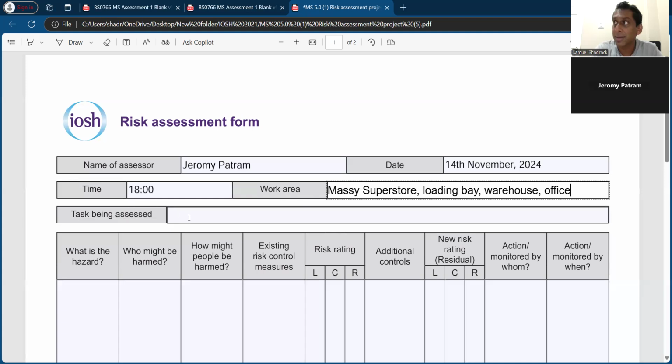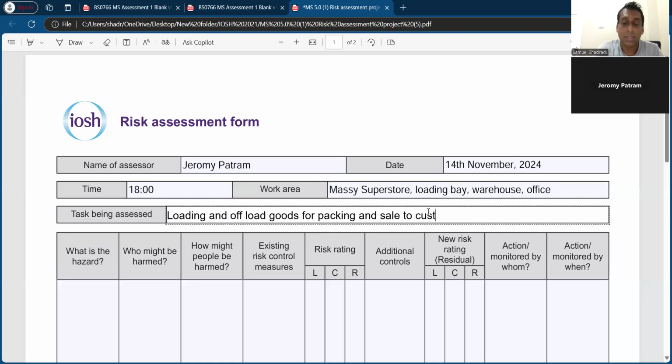So the task being assessed will have to be linked to this. You can probably put loading and offloading goods for packaging and sale or distribution to customers.